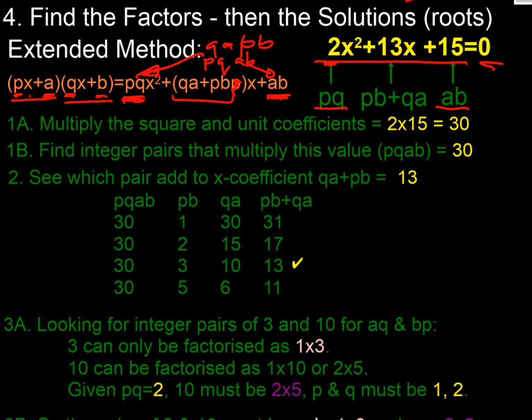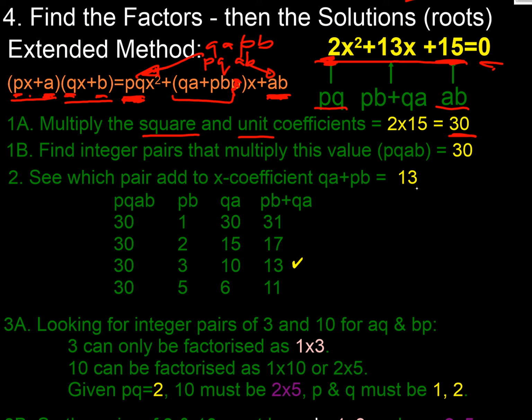In order to solve it, the first thing we need to do is to multiply our coefficient of the x squared and the unit together, that's the 2 and the 15, to get 30. Now we're going to go looking for pairs of integers that when multiplied together give us 30, and that's going to be our list of options.